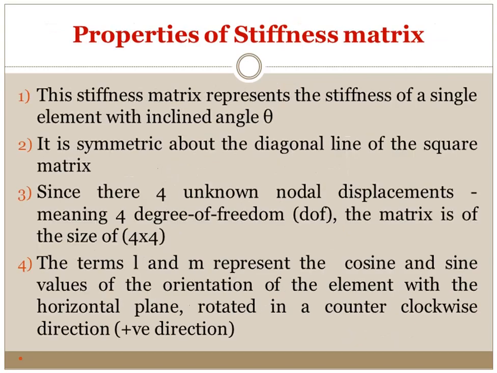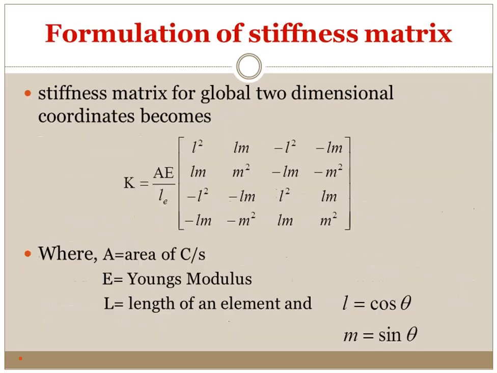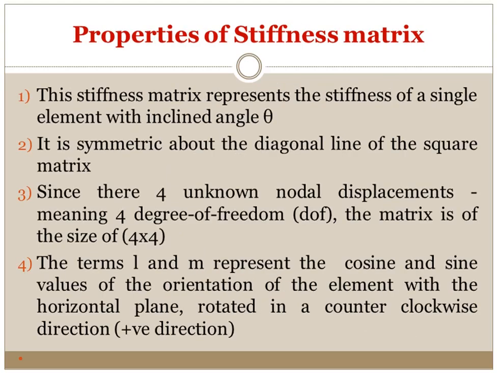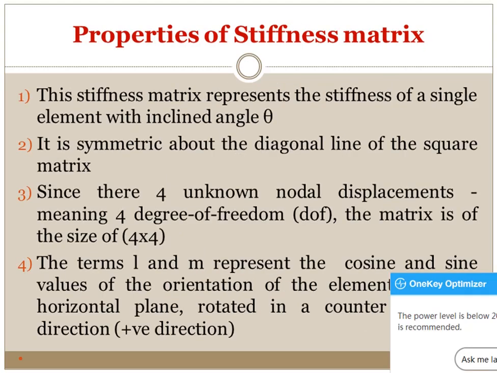So what are the properties of the stiffness matrix? The first property is that it represents the stiffness of a single element with inclined angle theta. Then it is symmetric about the diagonal line of the square matrix. You can see it is symmetric: L square, M square, L square, M square. About this diagonal, it is symmetric. Next, since there are 4 unknown nodal displacements, meaning 4 degrees of freedom, the matrix is of size 4 by 4.